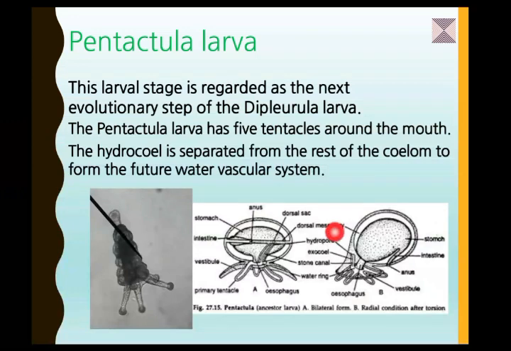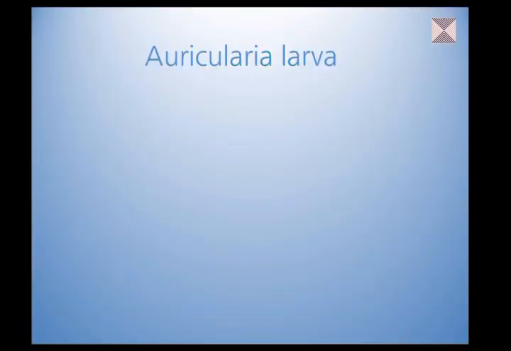This is the hydropore, which will be a part of the water vascular system after some time. This is the axocoel. We have a stone canal over here, which is a very important canal in the case of echinoderms also. This is the water ring, which will form the water vascular system afterwards. And these are the primary tentacles, which are 5 in number. And that's why this larva has got this name.